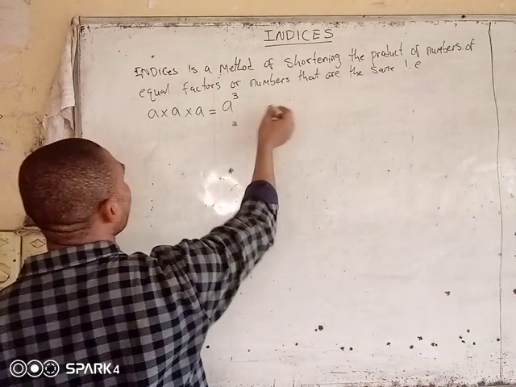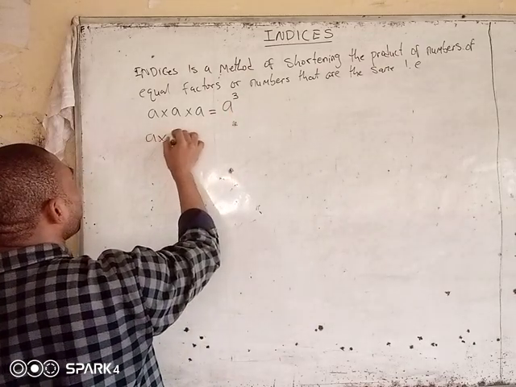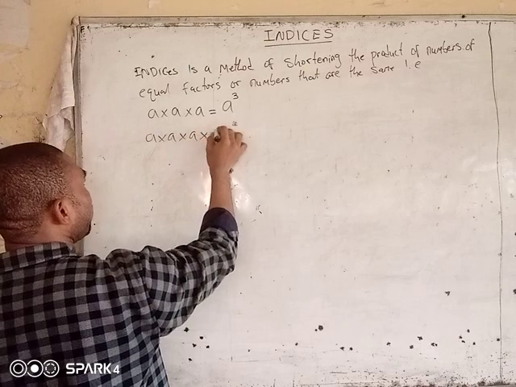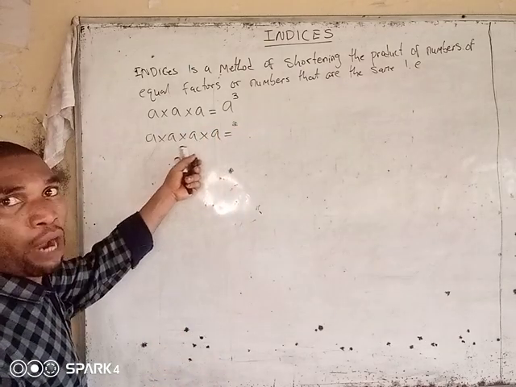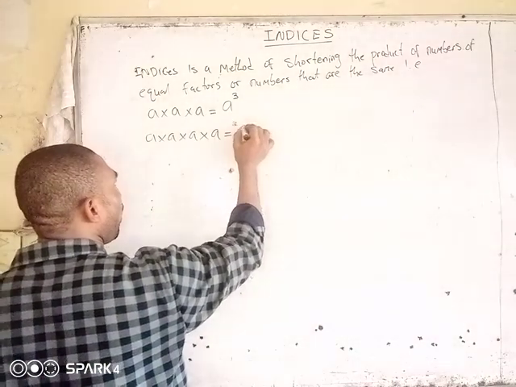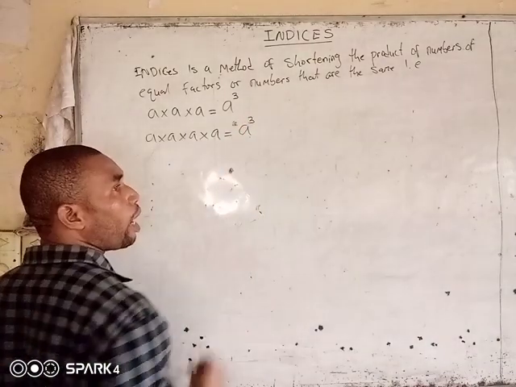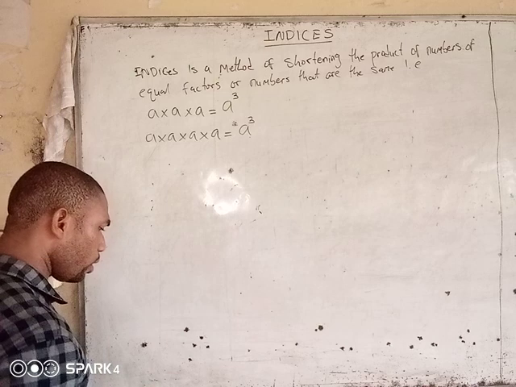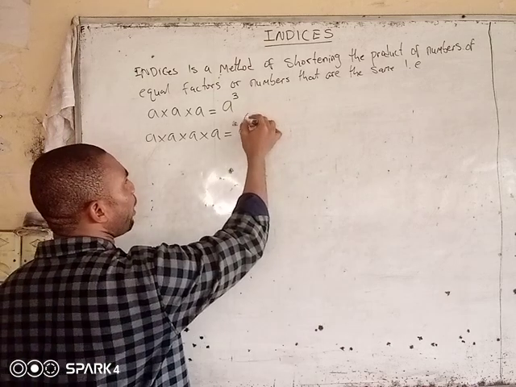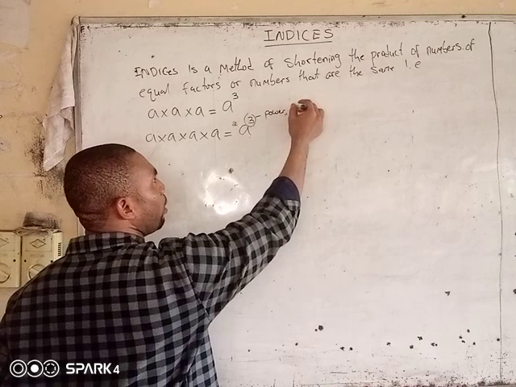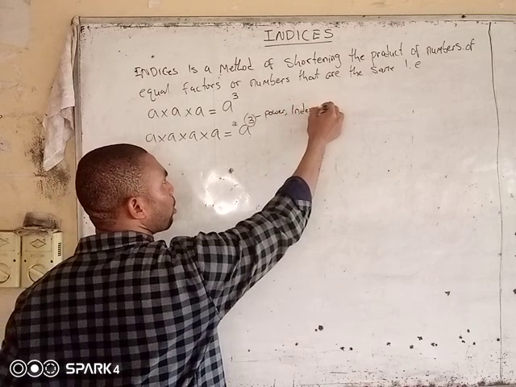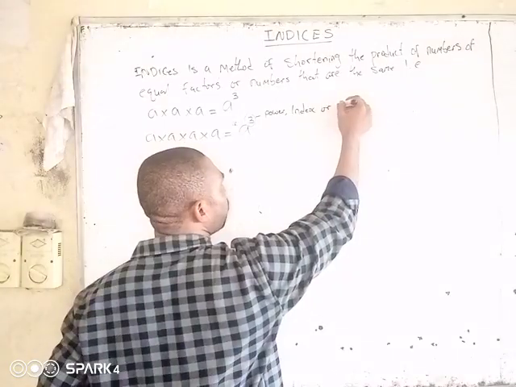Also, if we have another example, a times a times a times a, it is called the fourth power of a, which is a raised to the power of 4, where this power here is called power, index, or exponent.